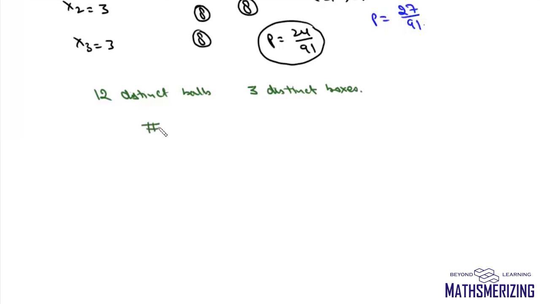Now for each ball, we have 3 choices. So the total number of ways of distributing these 12 balls in 3 boxes will be 3 into 3 into 3, 12 times, and that will be 3 to the power 12.